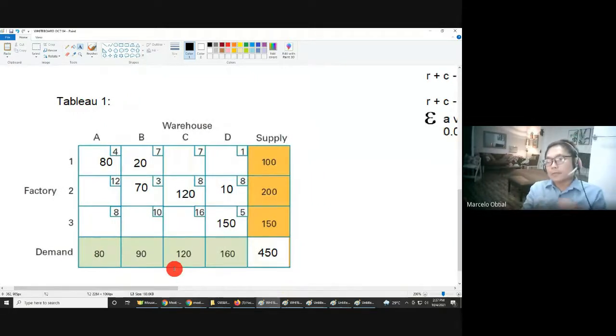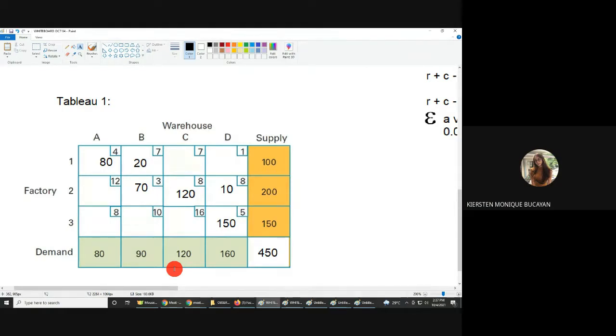The same lang sila actually with the portion of the stepping stone method. Before we proceed with the stepping stone method, ano usually ginagawa natin class? Can you remember? Kirsten? Yes, sir. Find an initial basic feasible solution using any one of the three methods po, sir.